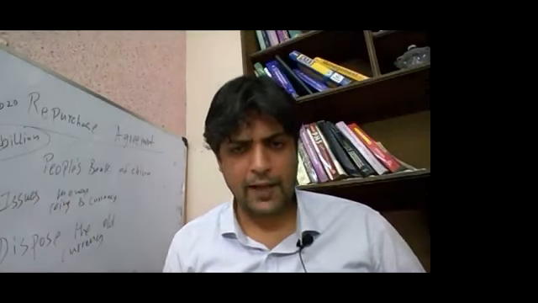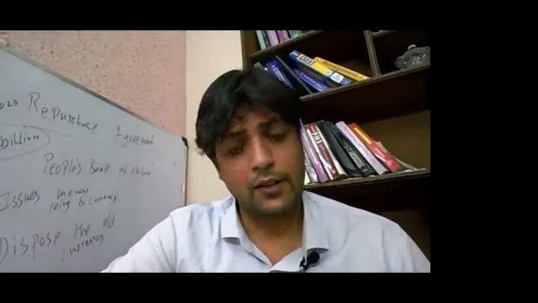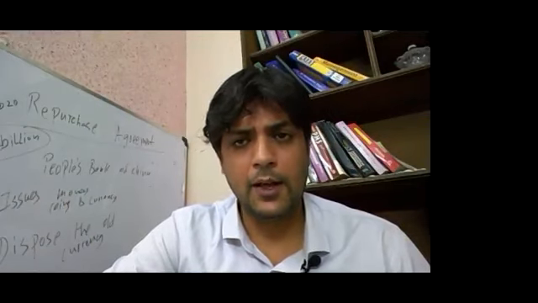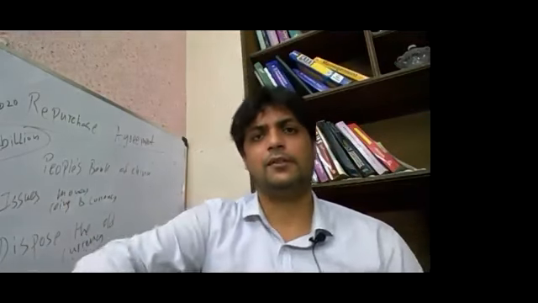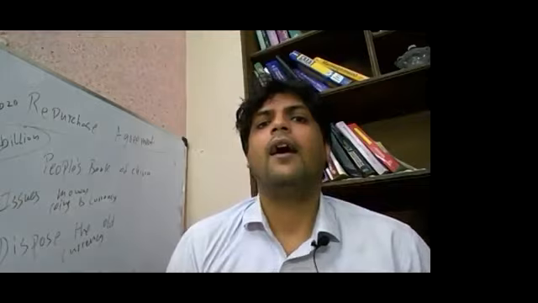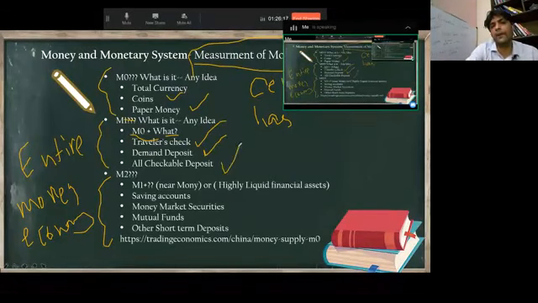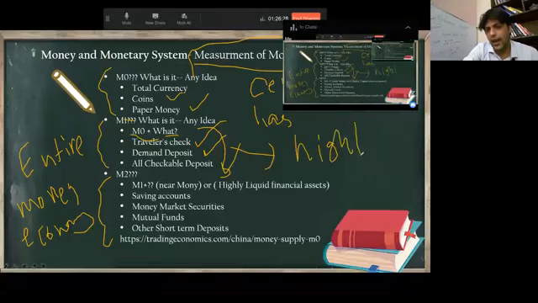Now let's see what is M1. So M1, of course, includes M0, plus it also includes checkable deposits. So M0 plus traveler's checks, demand deposits, all checkable deposits, because these are short. You can go to the bank and you can change into cash, right?